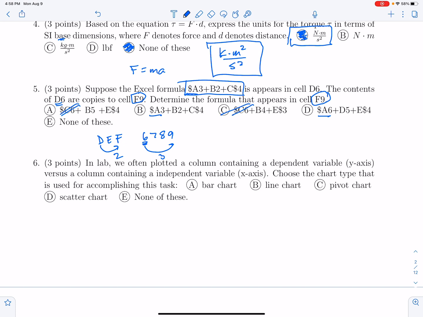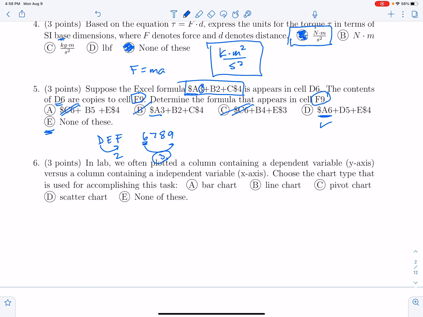All right, then there's not a dollar sign in front of the 3, so the 3 should get incremented. Incremented by how much? It should be incremented by 3. All right, so 3 plus 3 is 6, and so $A6, that looks correct. All right, and so now I have eliminated this, and it's just between none of these and part D.